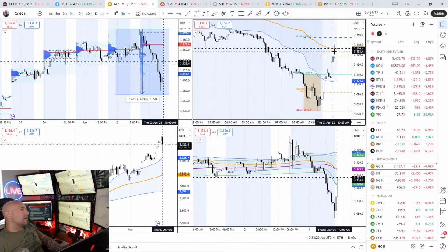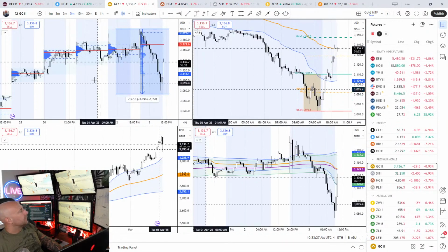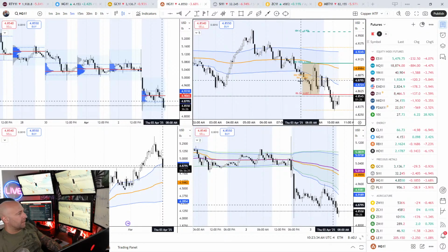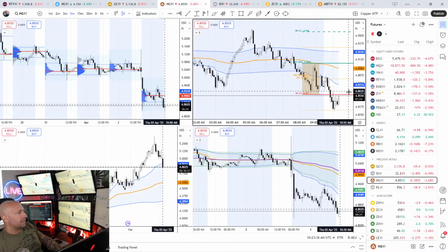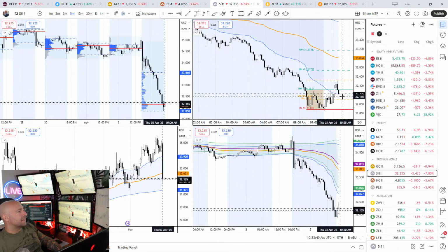So this looks like it's turning into, we'll see. It's still early. All right, we'll see what happens with gold. Copper's in price discovery to the downside. Silver looks like it's setting up for a return to value trade.